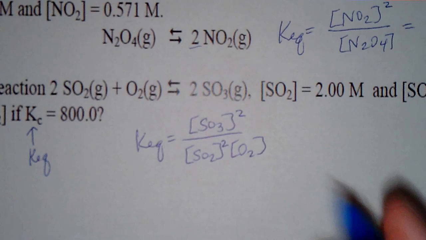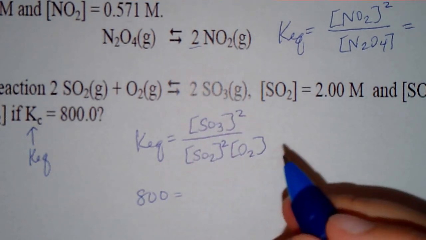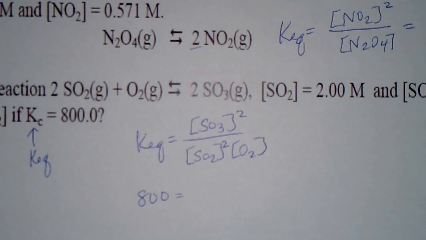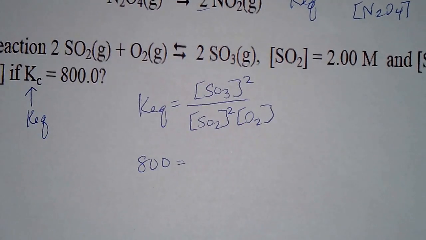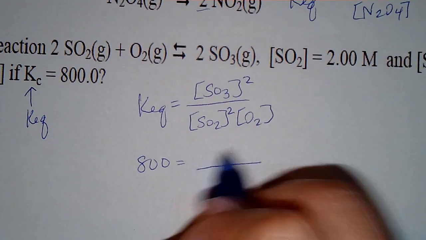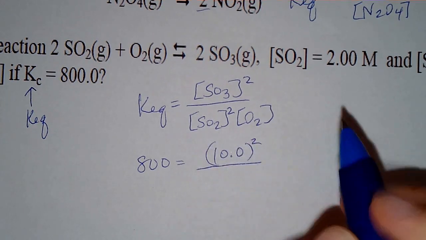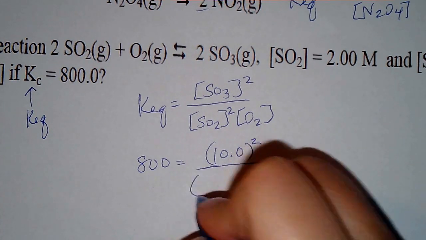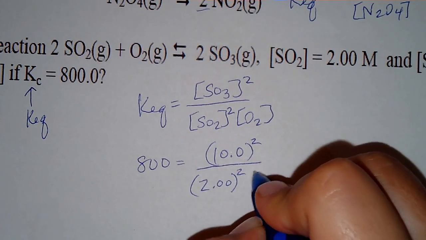So KEQ is 800. SO3 is 10 molar, and it's squared. SO2 is 2 molar, and it's squared. And then here's our variable O2.